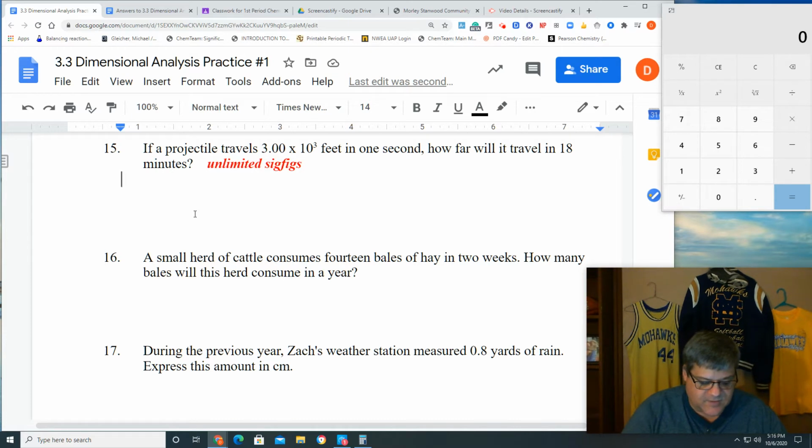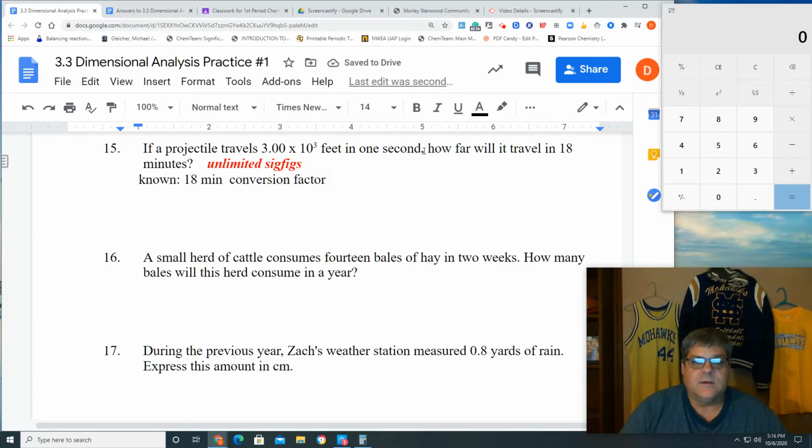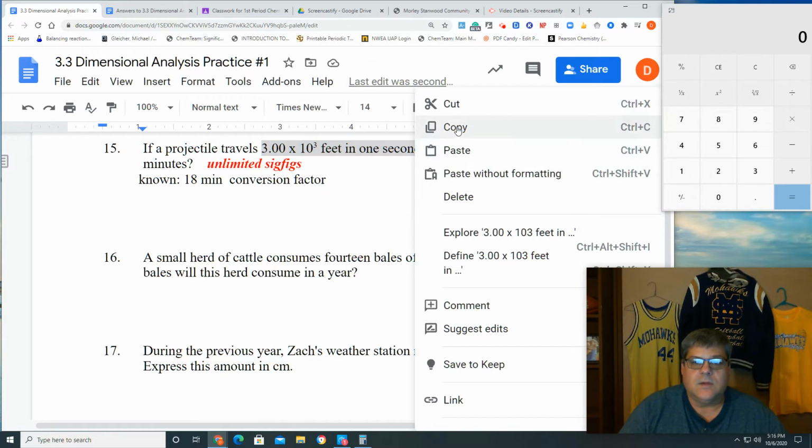So we're going to write down what is known. What is known is actually our 18 minutes. We know that the rocket's going to travel 18 minutes. We also know that we have a conversion factor of this right here. I'm going to copy it.